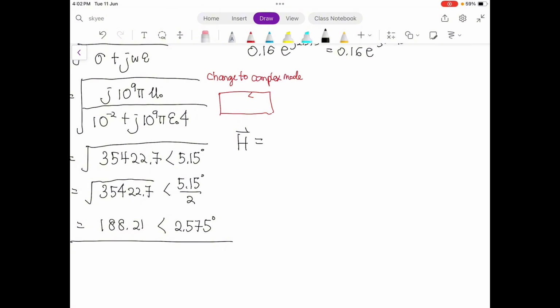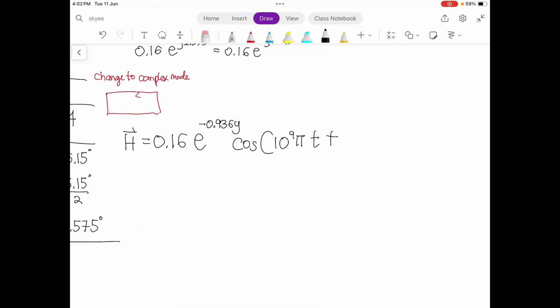Okay, so you could write it as, I will write down here. H equals to 0.16 exponent negative 0.936 y cos 10 power 9 pi t plus 20.95 y and plus 0.74, and in the x directions.